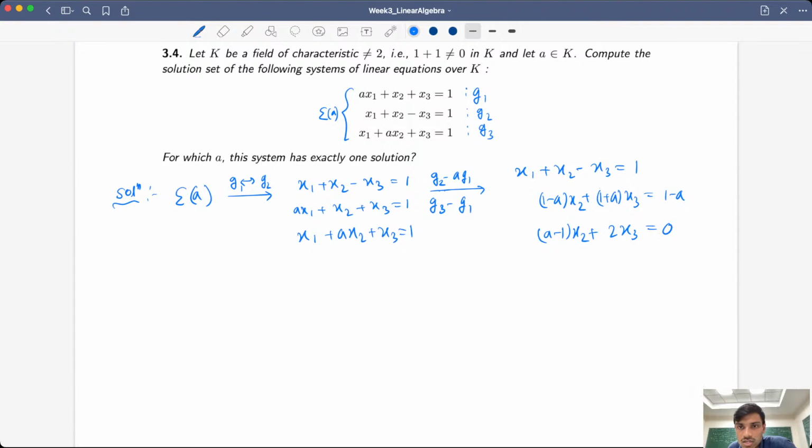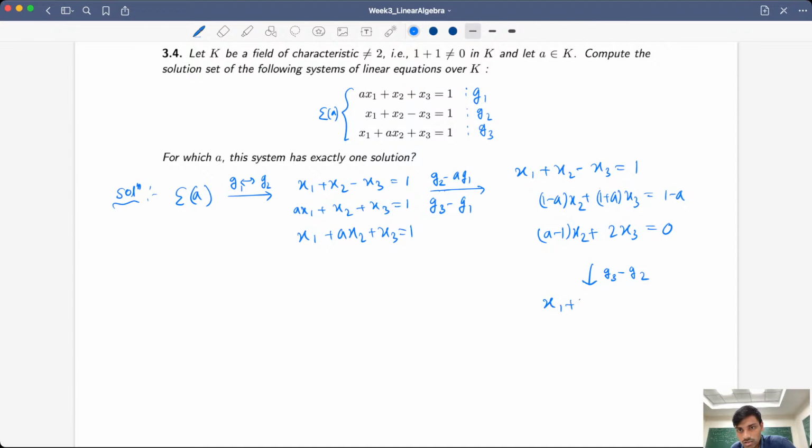Now note that this (1 minus a) x2 and this (a minus 1) x2 cancel if I add them, so this again goes to 0. Without dividing by 1 minus a, because I don't know whether a is 1 or not, I'm just applying another operation, G3 plus G2, to reduce this further.